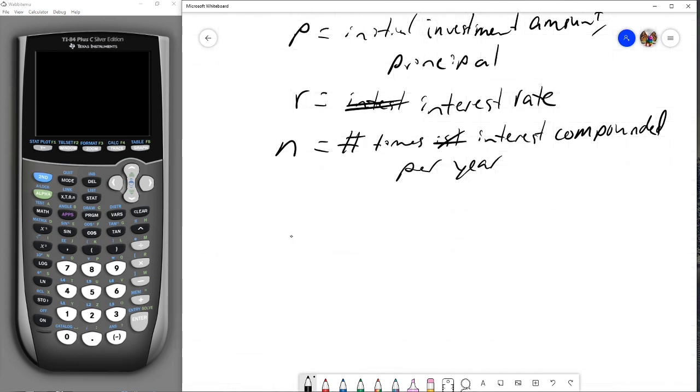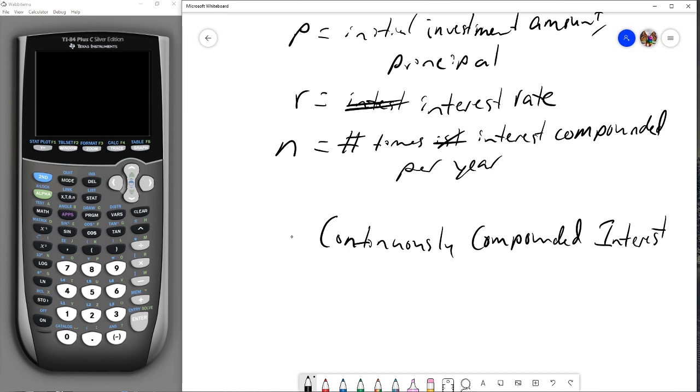We also talked about the continuously compounded interest formula. That means every moment of every day over the entire year, interest is being calculated. So the amount is equal to your principal times Euler's number to the rt.